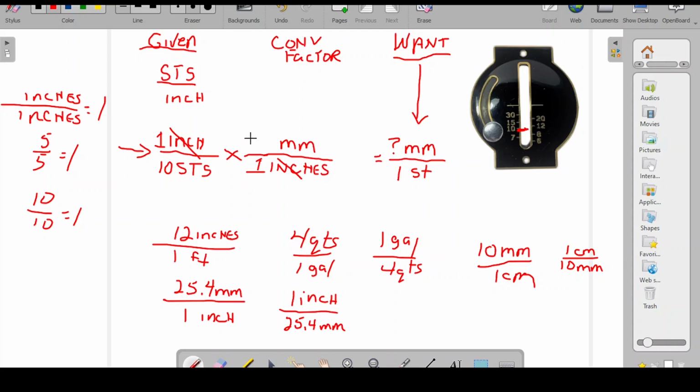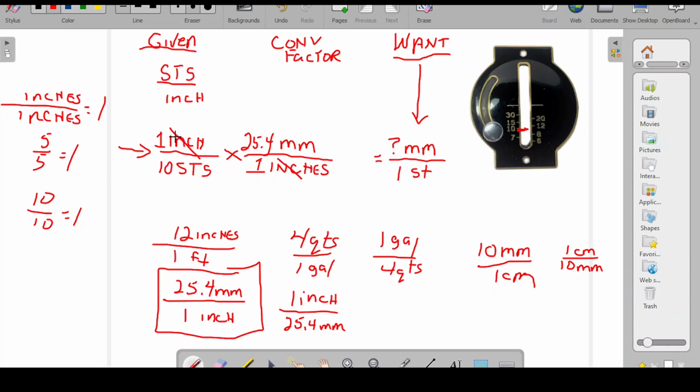But we have to fill it in, of course. What is the conversion factor for millimeters to inches? We just wrote it here, 25.4 mils per 1 inch. So now we'll have millimeters per 1 stitch is what we're going to end up with.